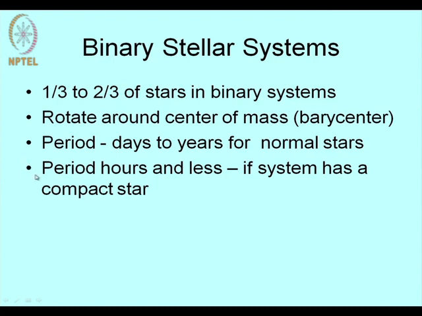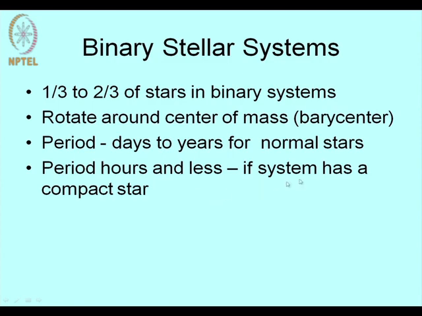Now, the periods could be much less, could be hours and less, if one of the stars is a compact star like a white dwarf or a neutron star. We have seen that the period depends on the semi major axis of the orbit, and the smaller the semi major axis, the smaller the period.